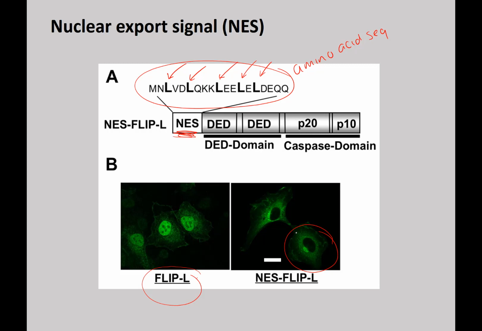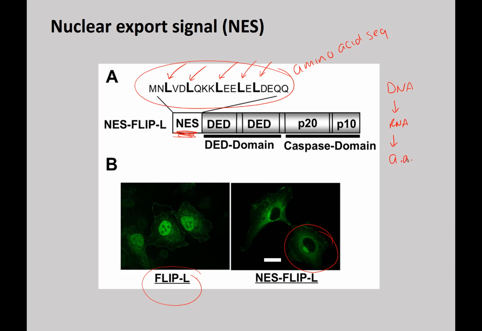So again, you can manipulate genetically at the DNA level, so using recombinant DNA, you can change these DNA sequences, which would change the RNA sequence, which would change the amino acid sequence.